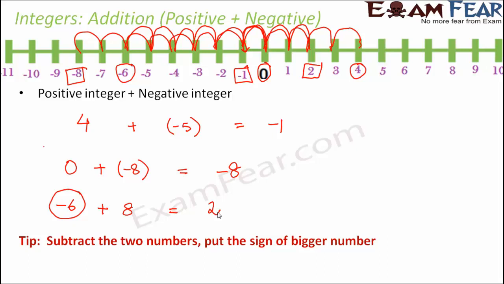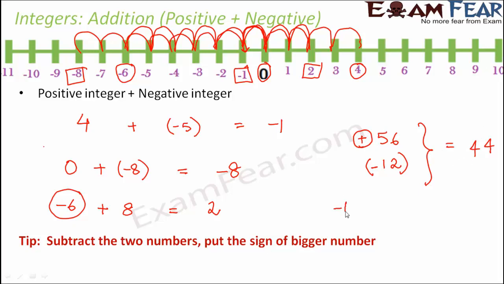So let's say you are given 56 plus minus 12. You just subtract the two numbers. What is 56 minus 12? It would be 44, and put the sign of the bigger number. The bigger number is 56, which has a plus sign, so the answer will also have a plus sign.